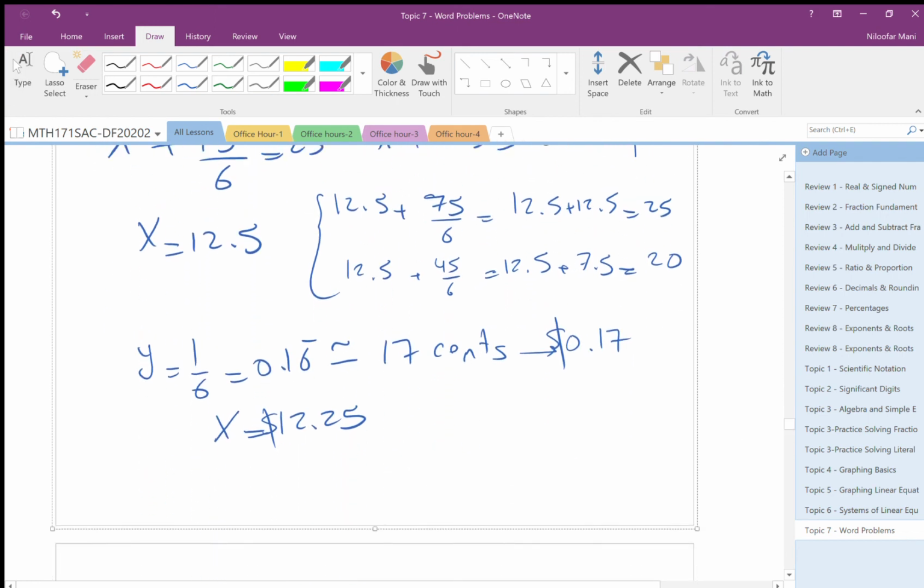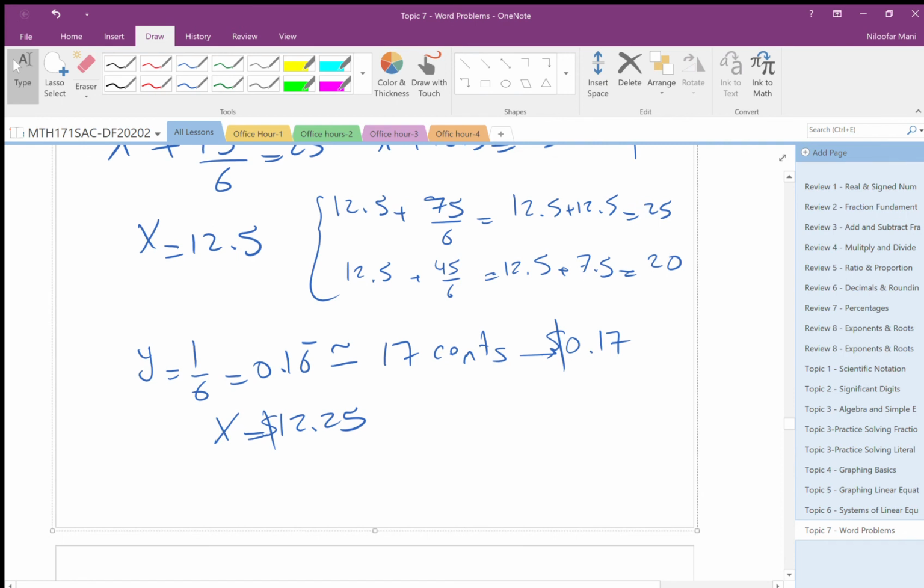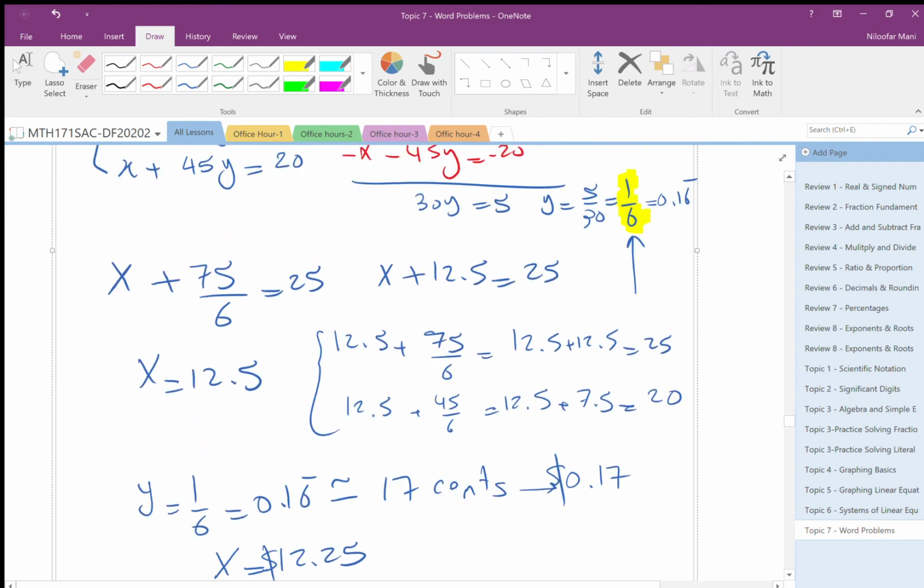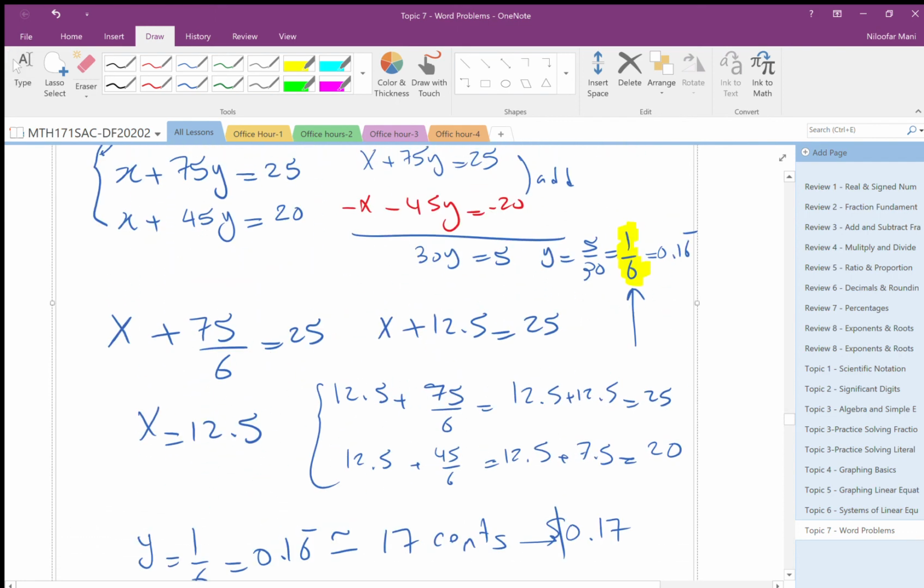For example, I can find x now. So yes, I said x is $12.5. But when I use 17 cents, I have to be careful with that, because it will be 12.25. And also I can check if it works for the other one.